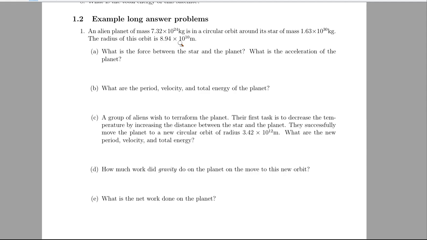Now, normally stars and planets are so far apart that it doesn't really matter if you add the radii of the star and the planet, but whatever. In theory, the radius of the orbit should have those things in it. And so we want to know what the force between the star and the planet is and what the acceleration of the planet is.